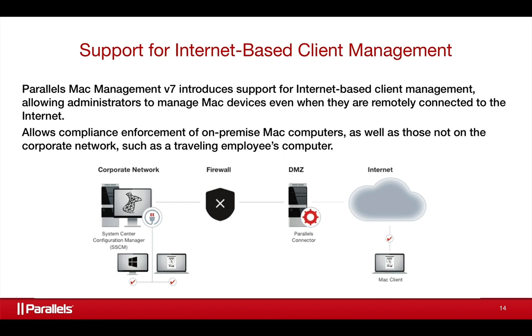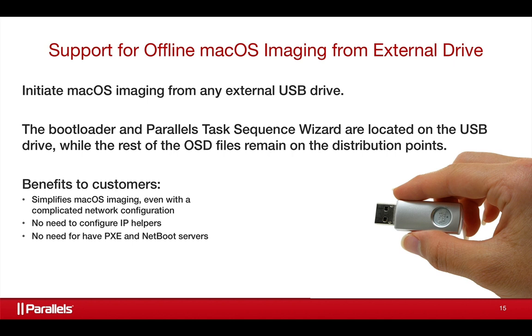Long in coming. We've had that on the roadmap for a long time, and it's just really nice to see it happen now. Another key feature, our hardworking help desk folks have been asking for this for a while. Why can't I image with OSD and task sequences off of the server?